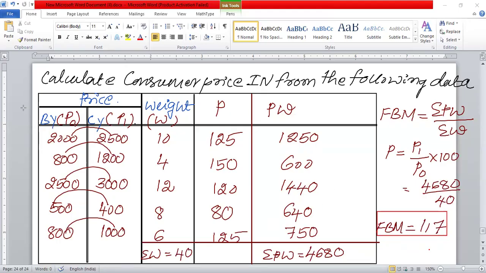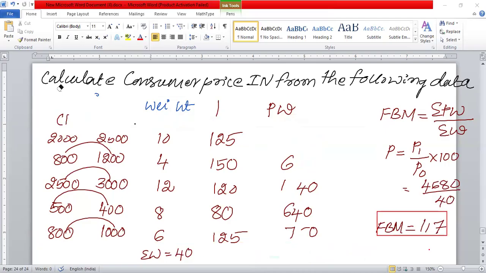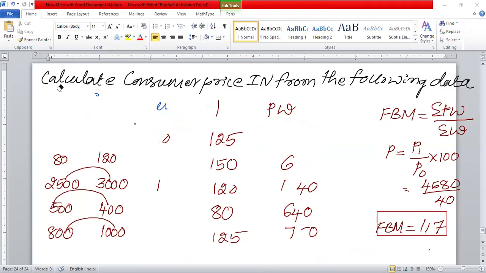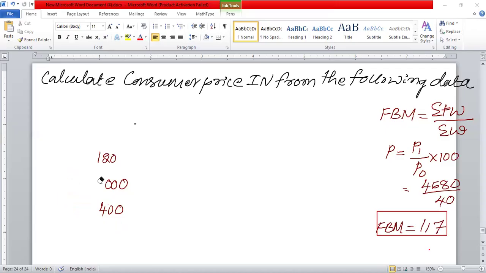So we'll go to one more question for consumer price index number. So question is ready. Calculate consumer price index number from the following data.